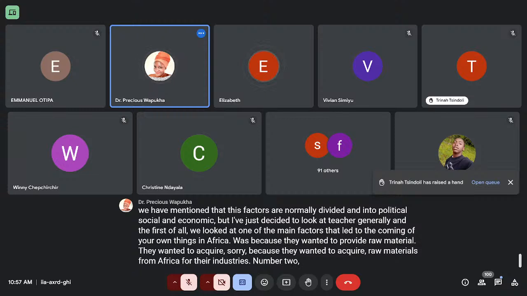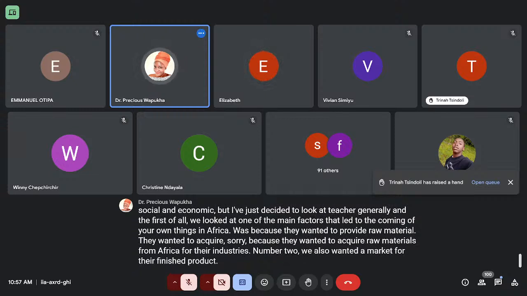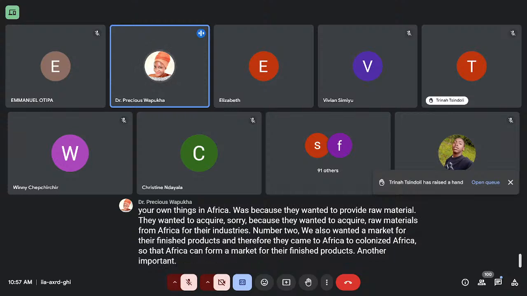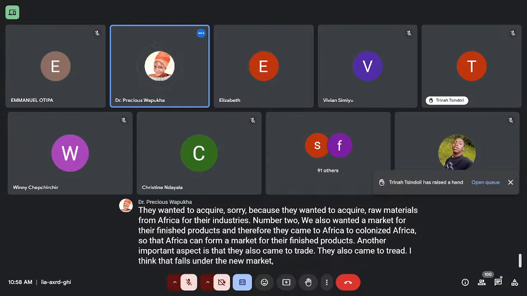Number two, they also wanted a market for their finished products, and therefore they came to colonize Africa so that Africa can form a market for their finished products. Another important aspect is that they also came to trade. I think that falls under the new market.